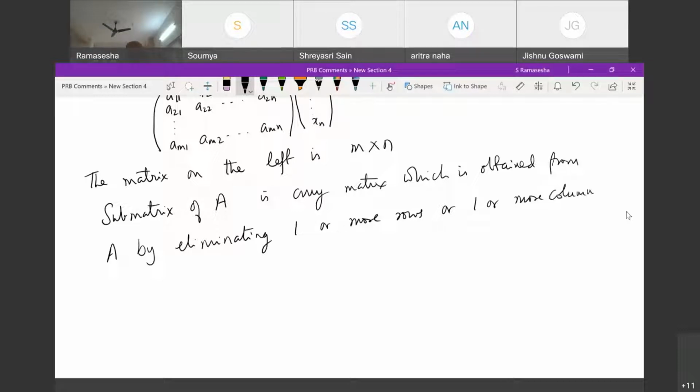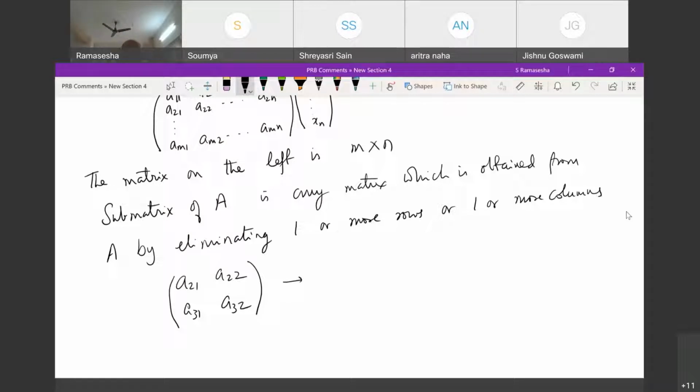An example of a submatrix of A is A21, A22, and A32. In this, I have eliminated the first column, the first row, and the third column up to nth column, and third row, fourth row up to mth row. So this is a submatrix.